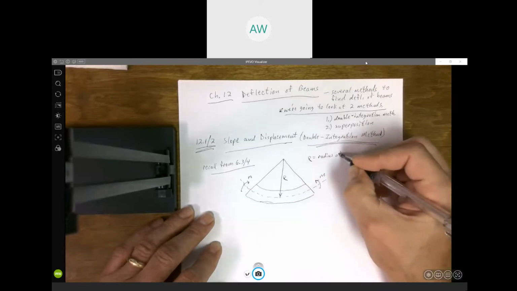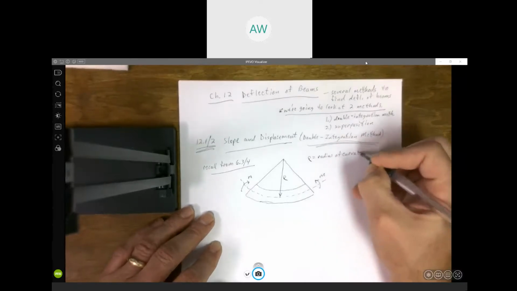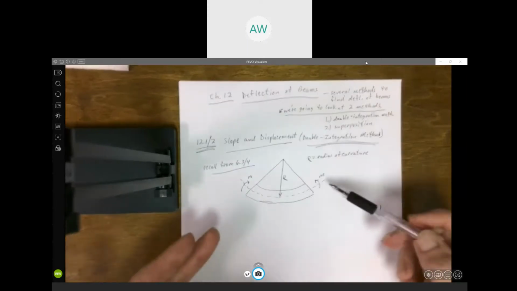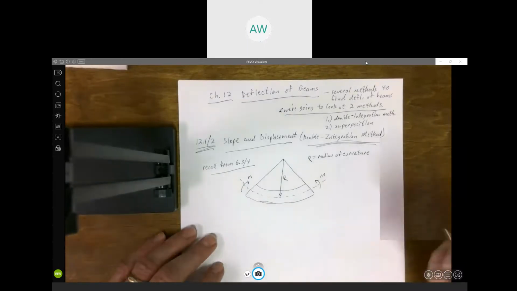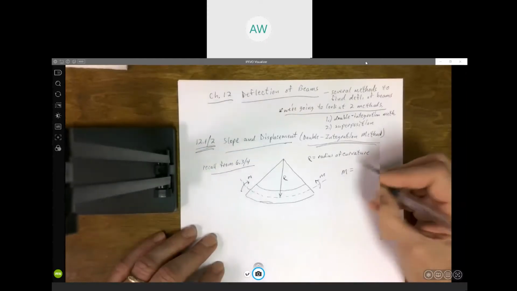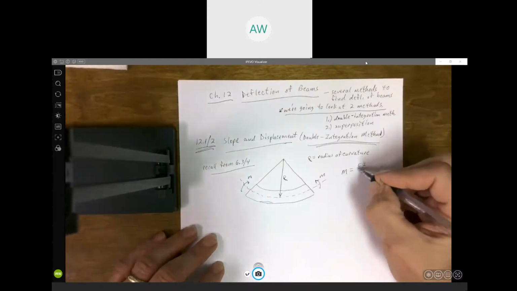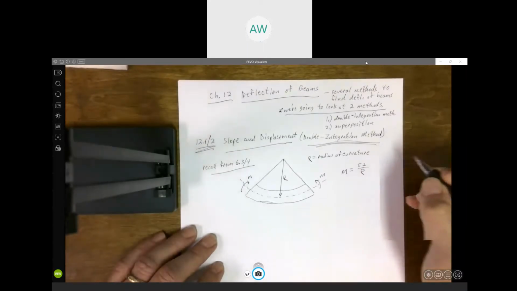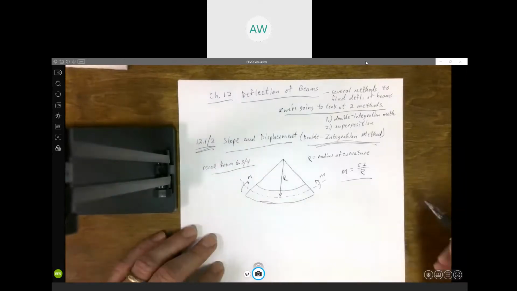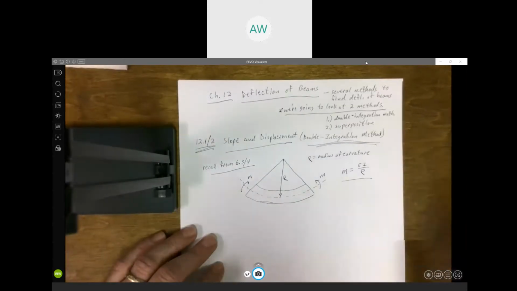When we first got our formula for stress in terms of rho, it had that radius in it, but then we wanted to get rid of that rho and get our moment in there, and that's what we did. We came up with this relationship, that the bending moment was equal to EI over rho. And again, I'm not starting from scratch and showing you where we got that. So just take my word, that was one of the things we found.